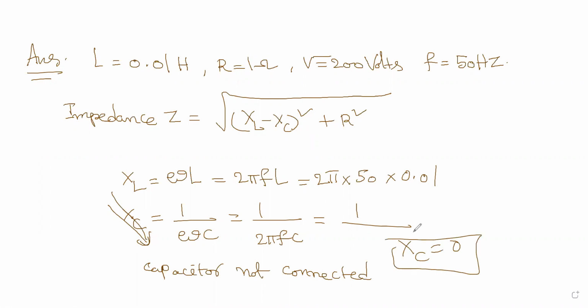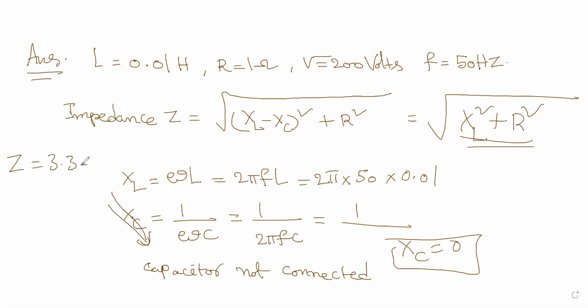So the formula reduces to simply square root of XL square plus R square. Plug in the values and you can calculate the answer. The Z value happens to be about 3.3 ohms.